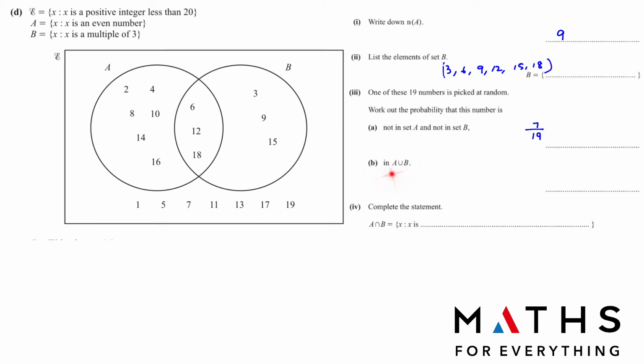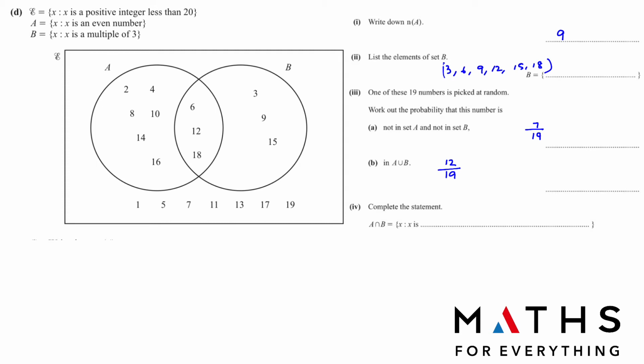In B, we want to find A union B. Again, we are looking at the probability. So these full 2 circles are A union B. We count the numbers here. These are 9, 10, 11, 12. So 12 over 19. Complete the statement. A intersection B, so we have to write it in this manner.